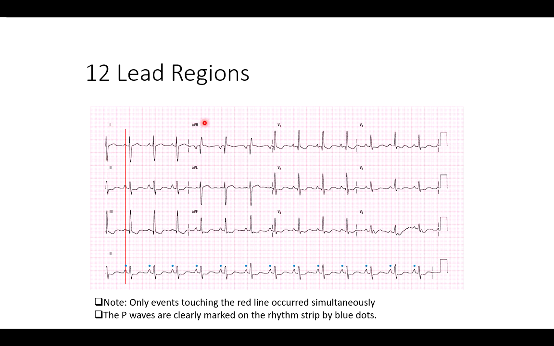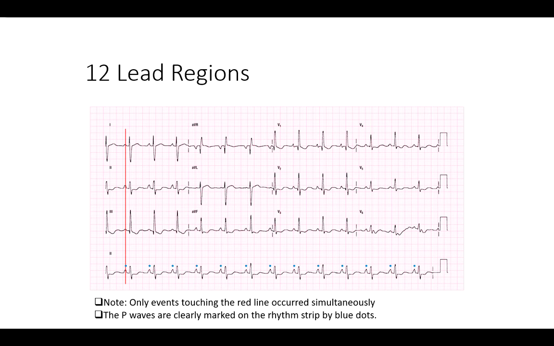In the second 3-second time frame, we have AVR, AVL, and AVF. Then in this next 3-second period of time, we have V1, V2, V3. These are our precordial leads, continued with V4, V5, V6 in our final 3 seconds.